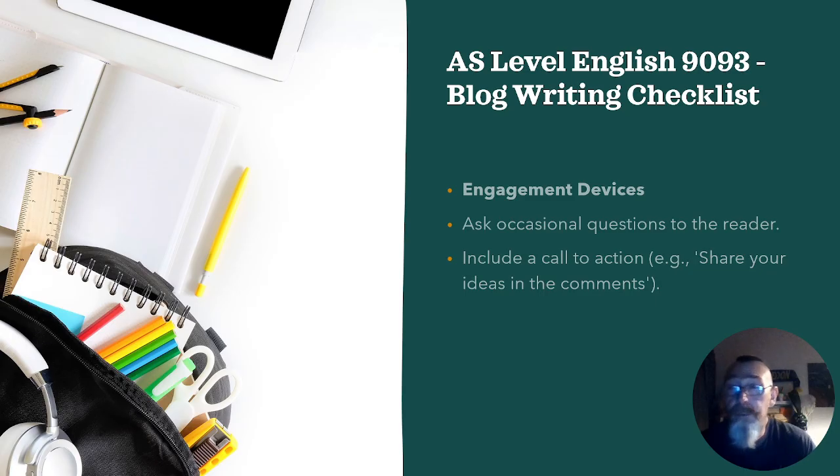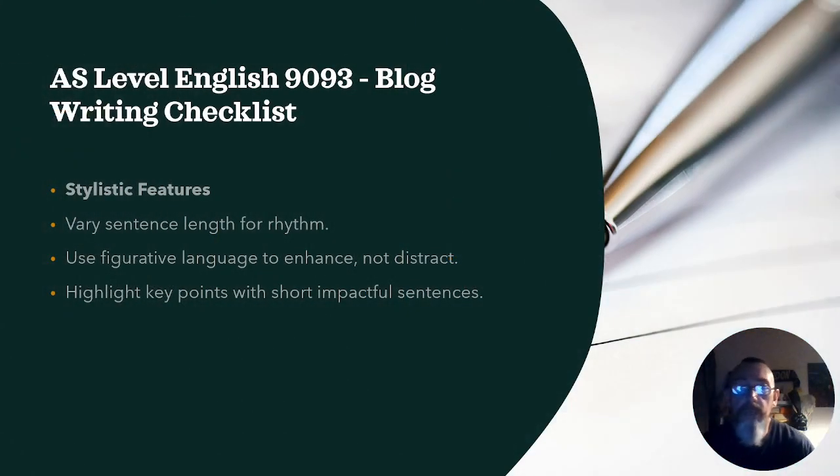Don't forget to engage your reader. Rhetorical questions, call to action, think of all your language devices, structural devices, persuasive devices that help engage the reader in what you are writing about. Vary your sentence lengths for rhythm. Use figurative language to enhance, not to distract.